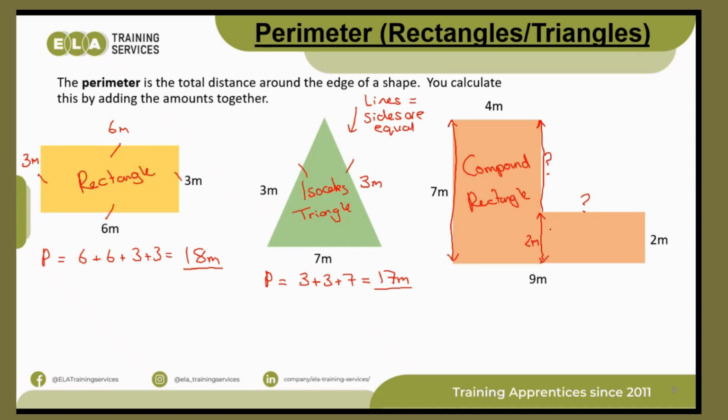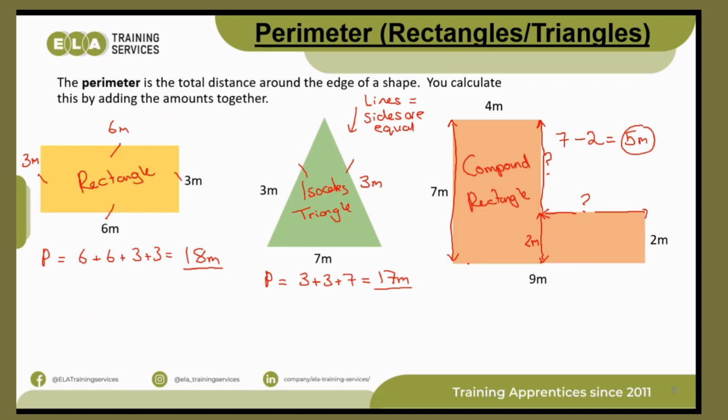So something added to 2 or 7 take away 2 gives us our missing length. So 7 take away 2, which is 5. So we know our missing length here is 5. And we do exactly the same to the opposite direction.